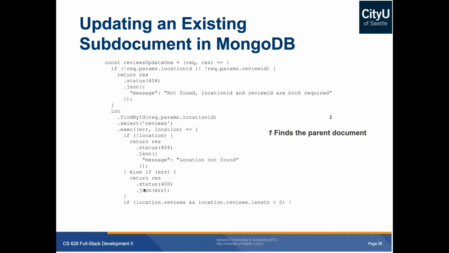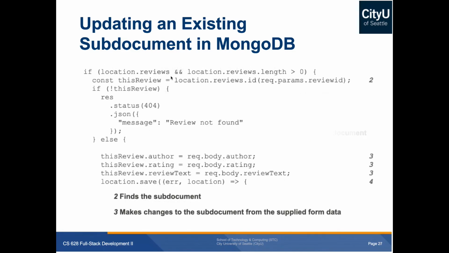If we get the location correctly, we can now do an additional check. Are there any reviews in our reviews array? If yes, then let's proceed to grabbing the ID of the subdocument, right? If the ID of the subdocument, which is now this review, does not exist, then review not found. If it exists, then we can start the update.